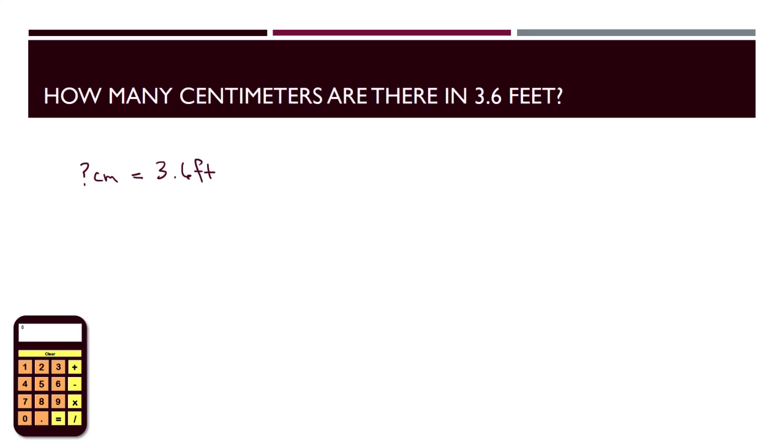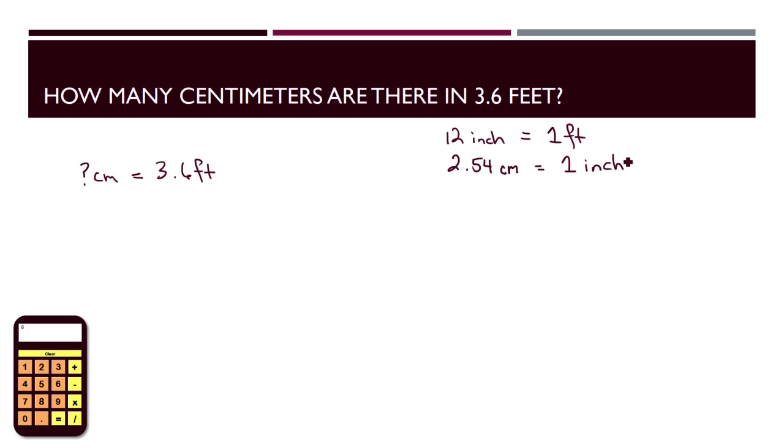I don't happen to know a conversion factor that's going to allow us to go directly from feet to centimeters, but I do know, like before, there are 12 inches in 1 foot. And I happen to know another conversion factor, or you could sure look this up in a web search, but I know that there are 2.54 centimeters in every 1 inch, okay?